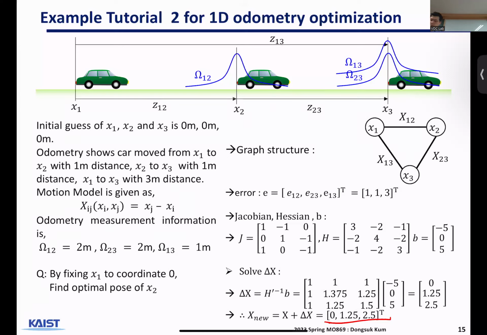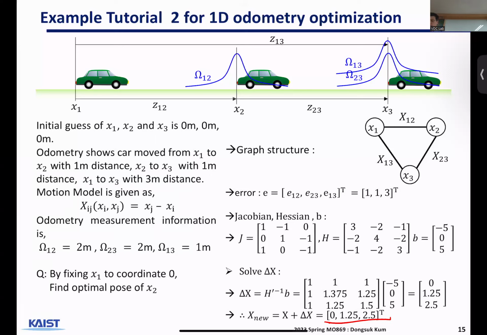And if you think about it, Z13 was 3, but then the del X says it should be reduced, right? Instead of 3, there is probably a minus error based on other measurements. So it's decreased down to 2.5.